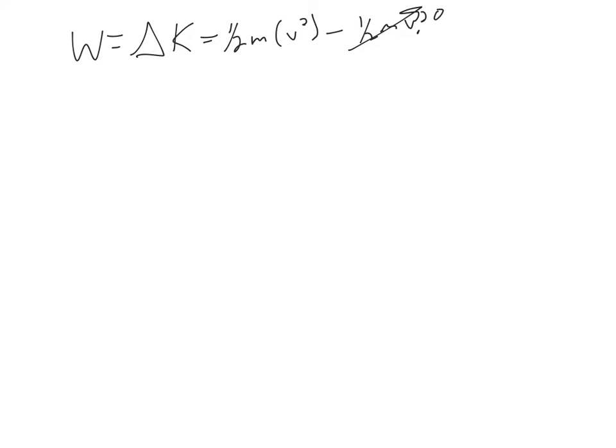Basically, the work being done by the net force is basically being done to put in for kinetic energy. So this is going to be equal to 1/2 mv squared minus 1/2 mv0 squared, but it starts at rest, so that's just 0.